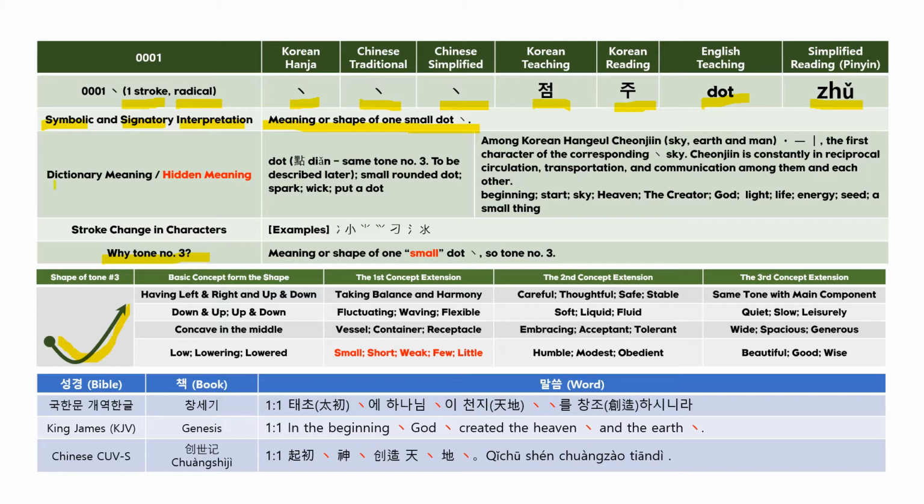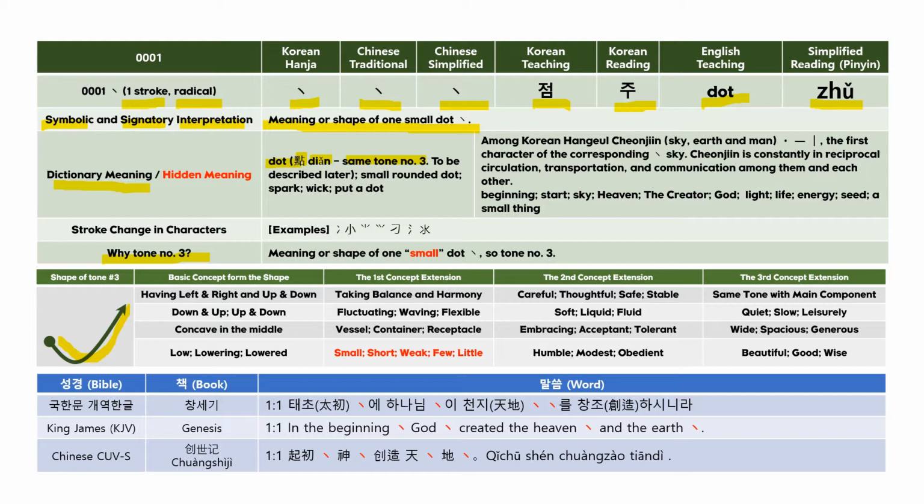And for the dictionary meaning, there is another character meaning dot, a more complicated character. You will learn this character later, but the pronunciation is dian, the same tone number 3.